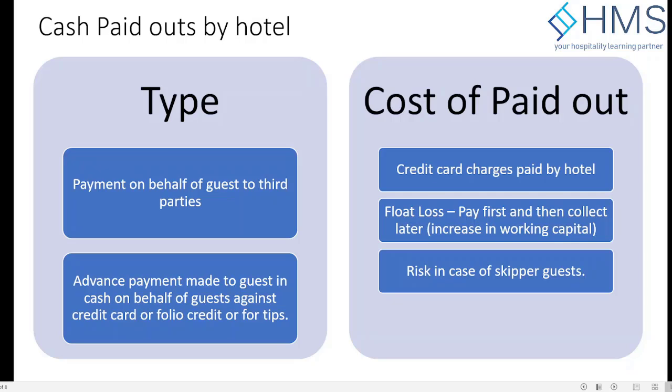So who is going to get a paid out is also defined in the policy of paid out. There has to be a very clear policy on who can authorize a paid out, how many nights the guest is supposed to stay, and what the maximum amount of paid out should be.